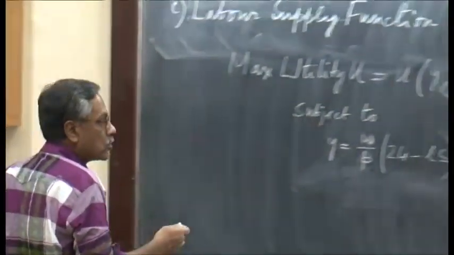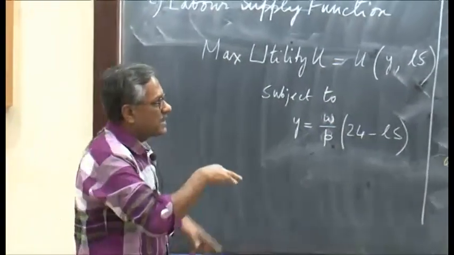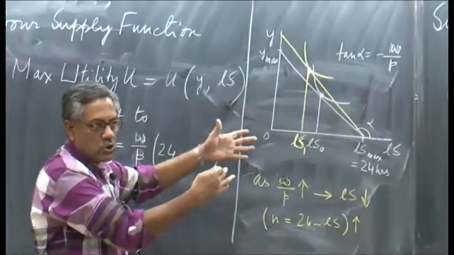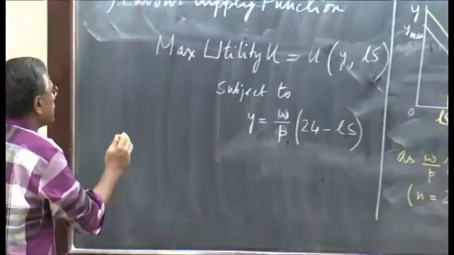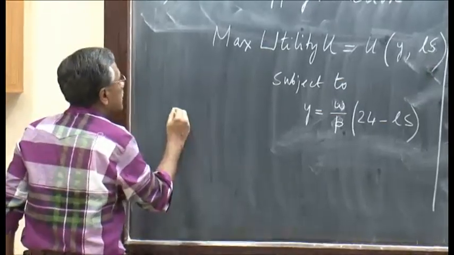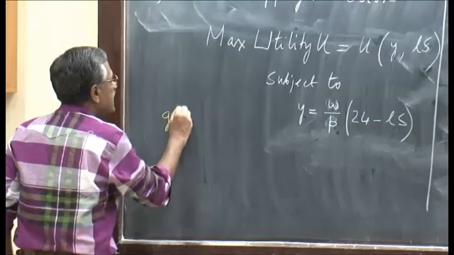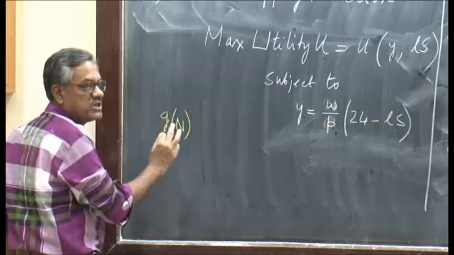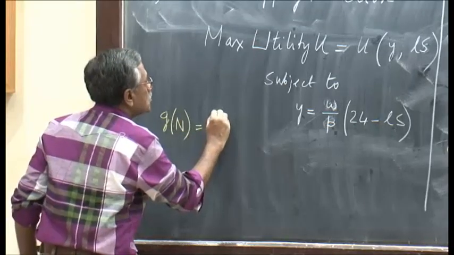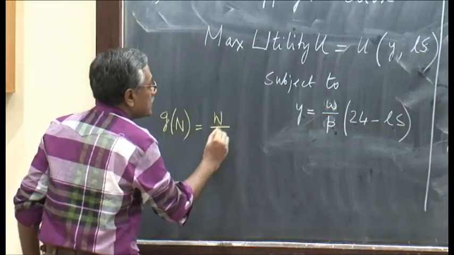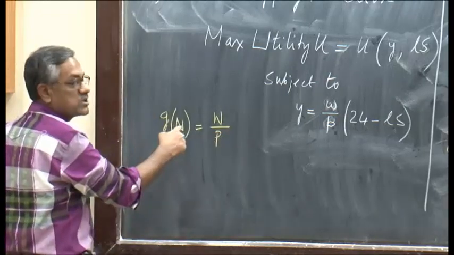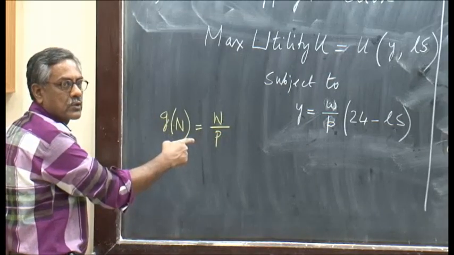As leisure falls, 24 minus L will go up. So this gives you the labor supply function. If I can sum up this story and write a labor supply function like this, some functional notation, Gn is equal to W over P, and this is an implicit relationship.